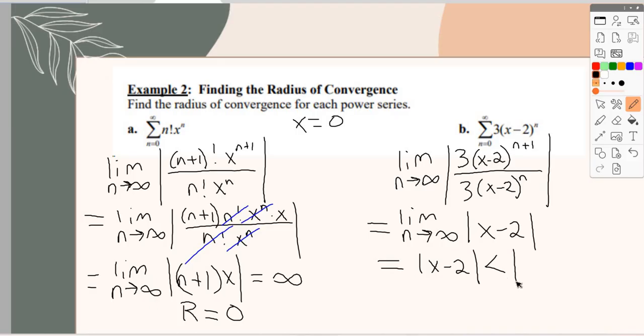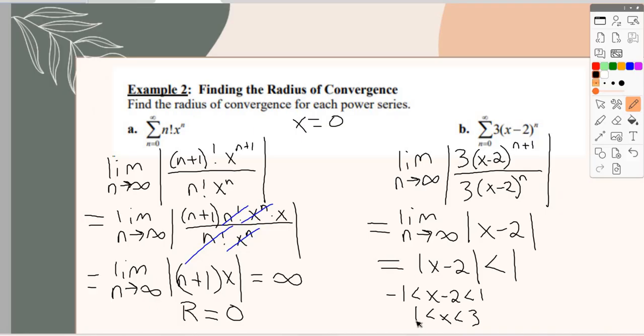Less than 1. So solving that, we get 1 and 3.